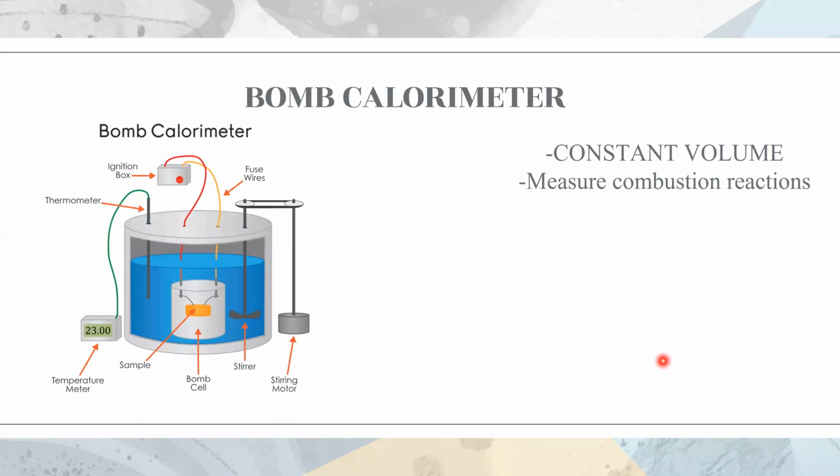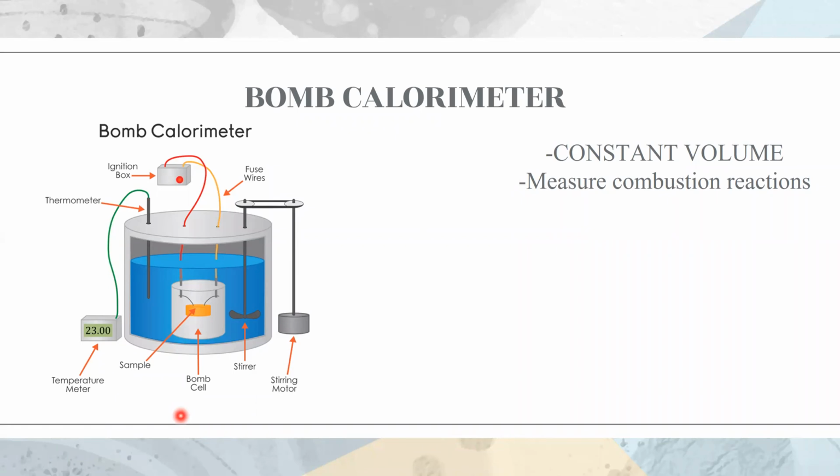And another type of calorimetry is the bomb calorimeter, which is a constant volume. The reason why we call it a bomb calorimeter is because we're actually burning or blowing up stuff inside of a container.